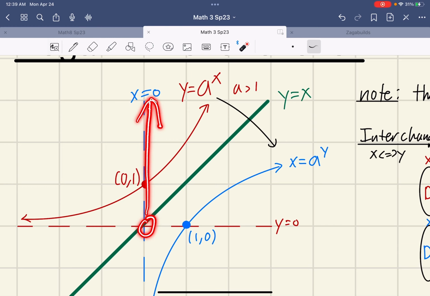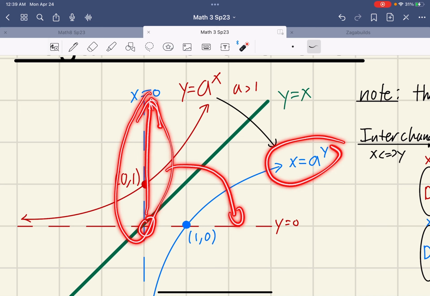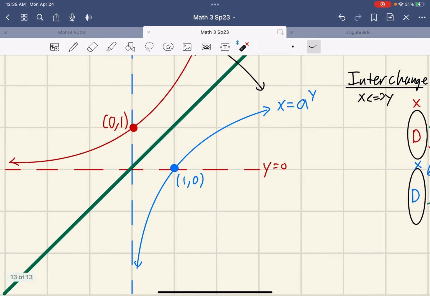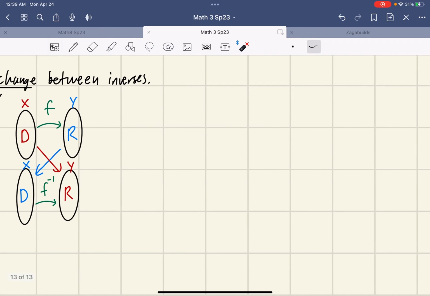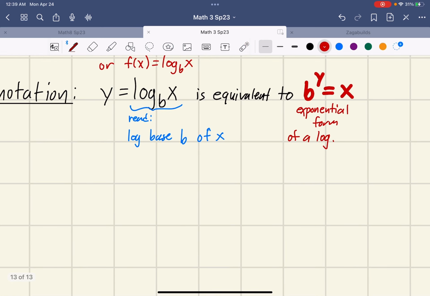But that idea of the range translates to the domain of the logarithm, meaning if you notice, the logarithm only exists from this vertical asymptote of 0 all the way to the right. So we can see that when it comes to my logarithm, a couple things to note. The x in the logarithm always has to be greater than 0.